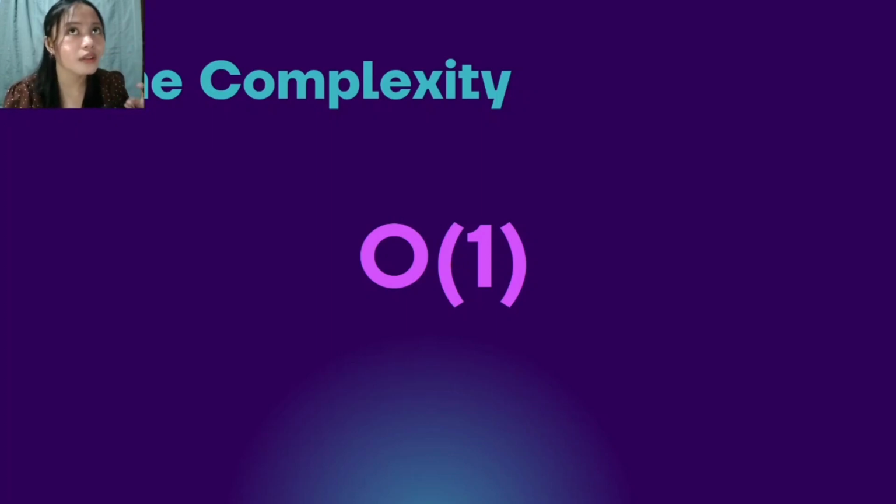Another is that when we are adding or inserting at the front, or at the beginning of our stock, its time complexity is big O of 1. But when we are deleting from the top, or from the last of our stock, its time complexity is big O of n. So what is more advantageous, big O of 1 or big O of n?